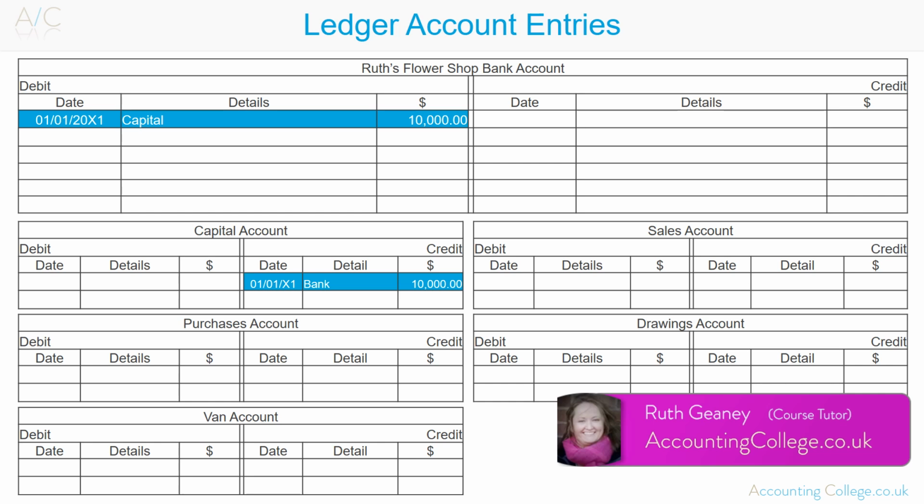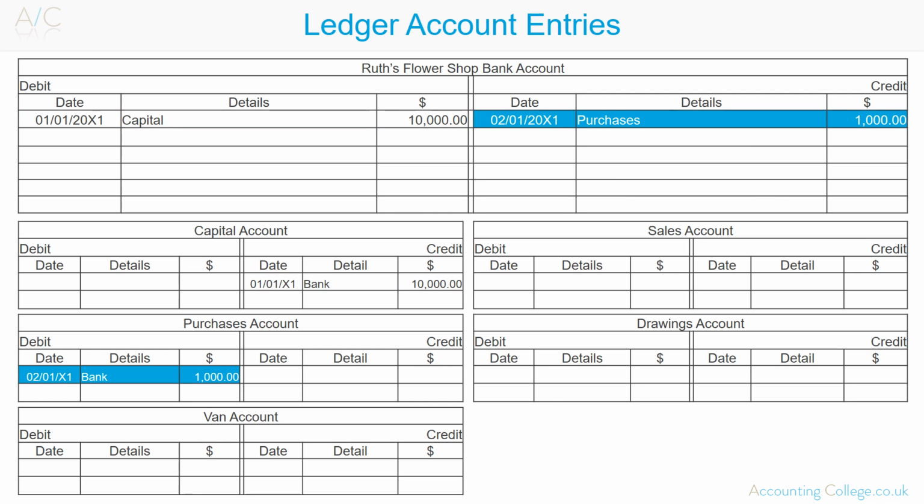In order to run Ruth's Flower Shop, Ruth will need to buy stock. So on the 2nd of January, she purchases various flowers from the flower market, in total costing $1,000. Items purchased for the purpose of sale in the ordinary course of business are called purchases and are recorded in the purchases account.